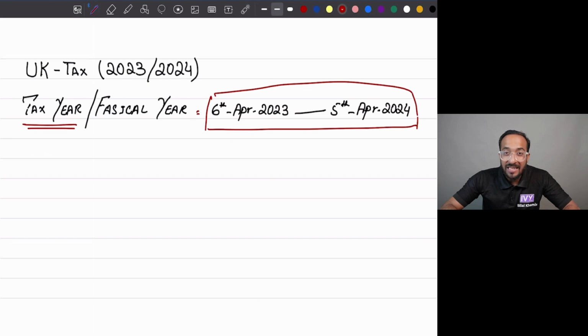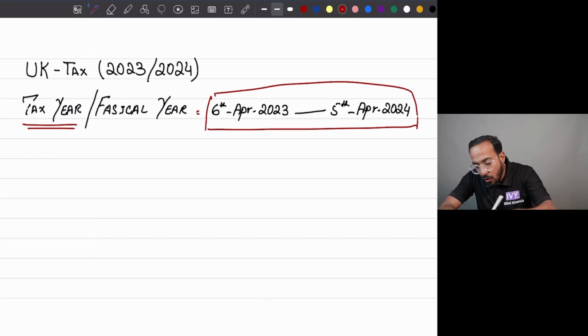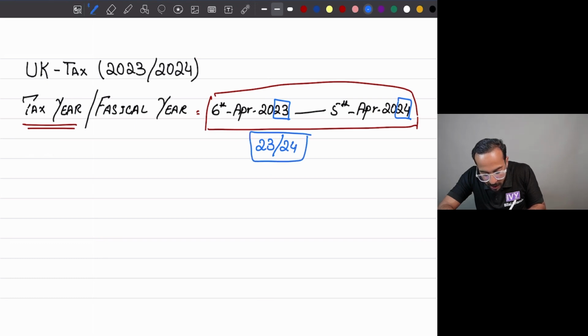That's your tax year. And how does the short form come? 23/24. So whenever someone asks you what is your tax year, you just need to say that 23 and 24 is my tax year. Got it?